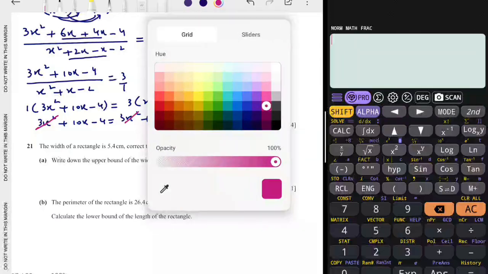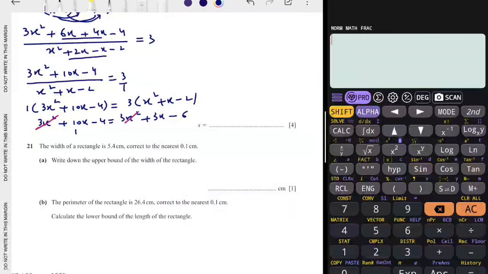So 10x, minus 3x will be shifted here. It will be 3x is equal to minus 6, and minus 4 would be shifted to the other side. It will be plus 4. Now 7x is equal to minus 2, x is equal to minus 2 by 7. This would be the answer. Next question.